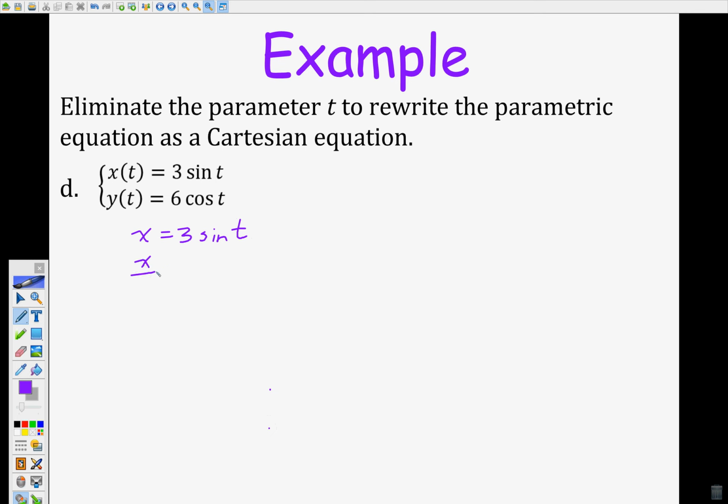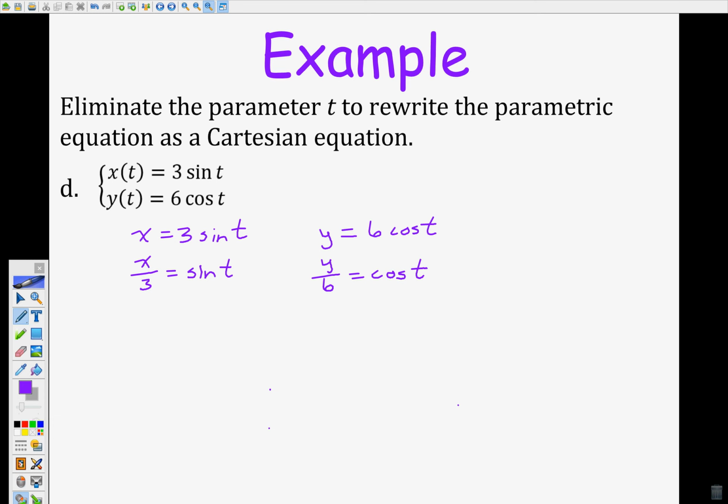So that I get x over 3 is equal to sine of t. And I'm going to take my y equation, which equals 6 cosine of t, and solve it for cosine of t. So that would be y over 6 is equal to cosine of t.